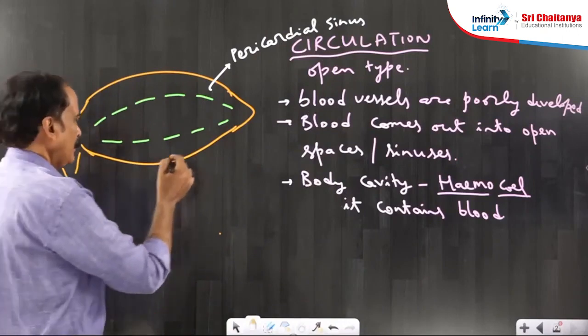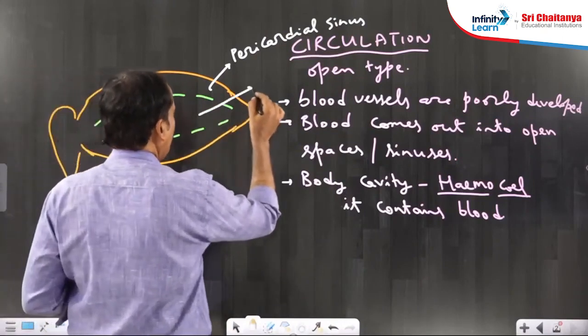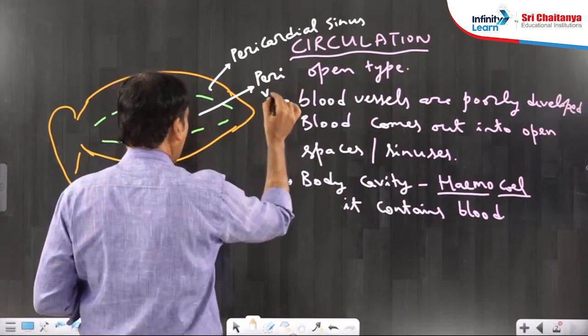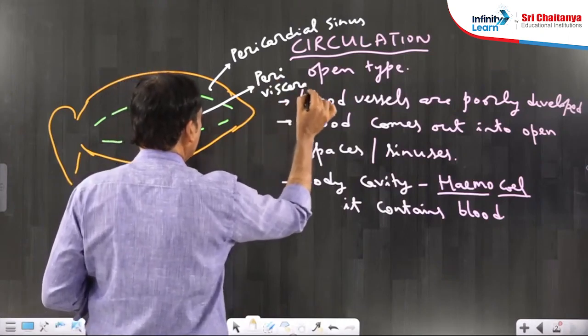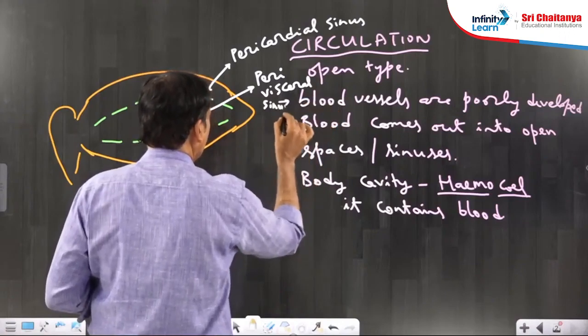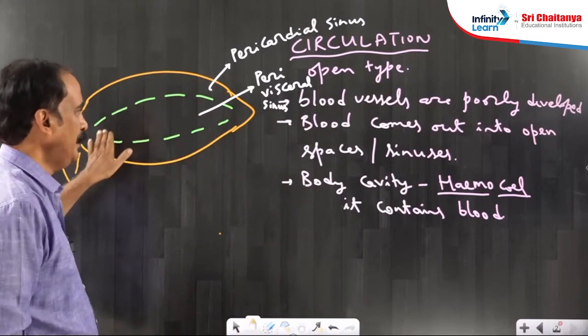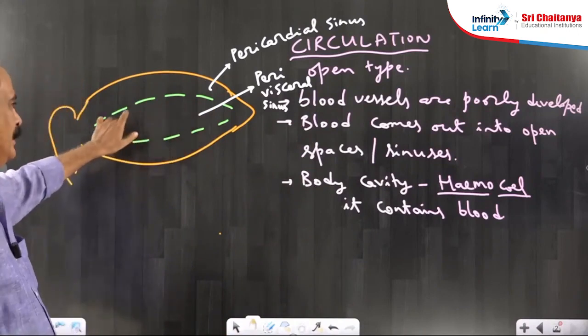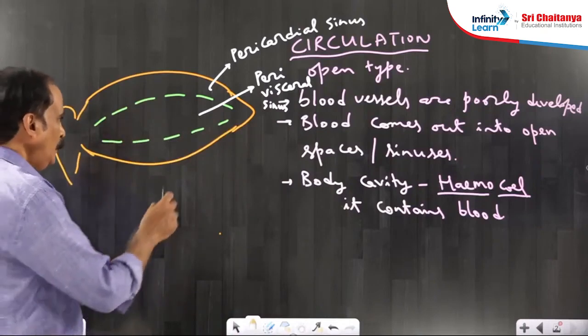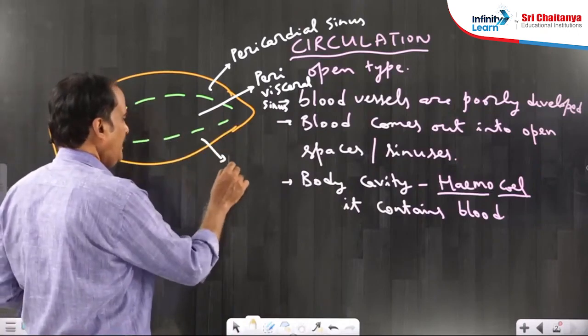The middle one is called perivisceral sinus because this will enclose viscera. As it encloses the internal organs like your alimentary canal and other structures, it is named perivisceral, and the lower one is called perineural.